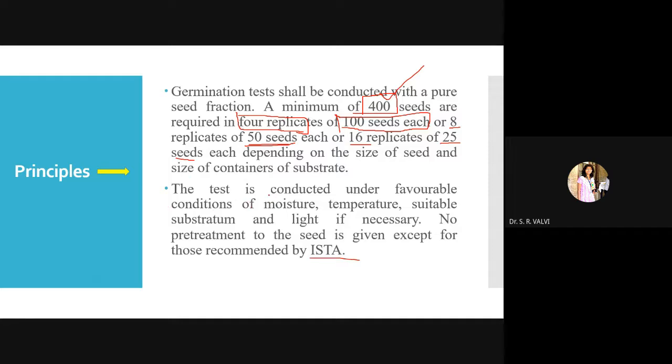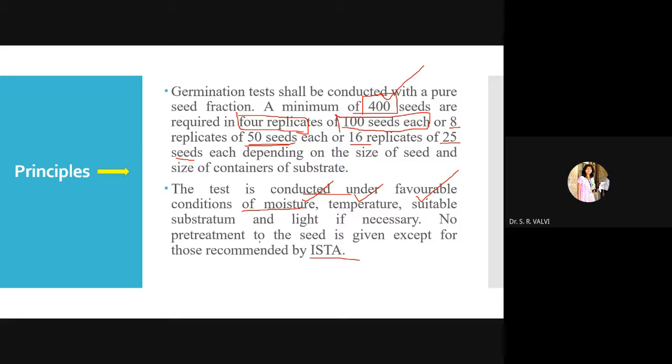So the test is conducted under favorable conditions of moisture. Moisture should be proper, temperature also proper. Then a suitable substratum, meaning any substratum. For example, you want to grow in sand, in soil, or on blotting paper, then you can take any substratum which will give you a successful result.